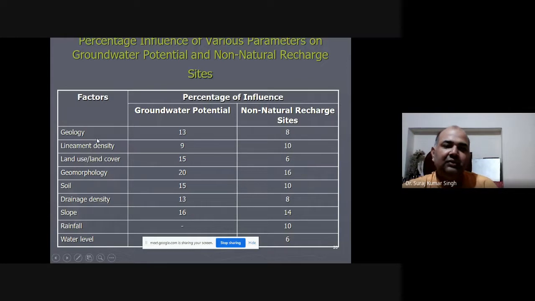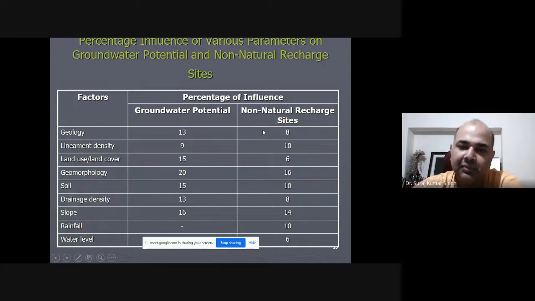And finally, we'll be preparing a cumulative factor, that is, the groundwater recharge potential for geology is 13, lineaments 9, land use 15, geomorphology 20, soil 15. So this is the amount of influence that is going to happen for groundwater potential, and this is the percentage of influence that is going to happen for the non-natural recharge sites.